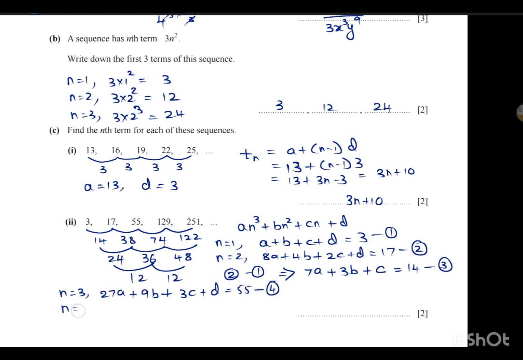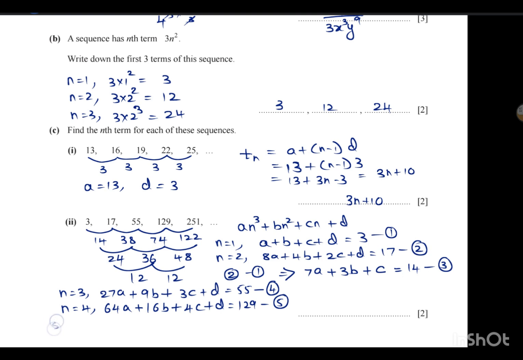Then when n is equal to 4, again n cube, so 64a, then n square will be 16b, then 4c plus d is equal to 129, which is equation 5.